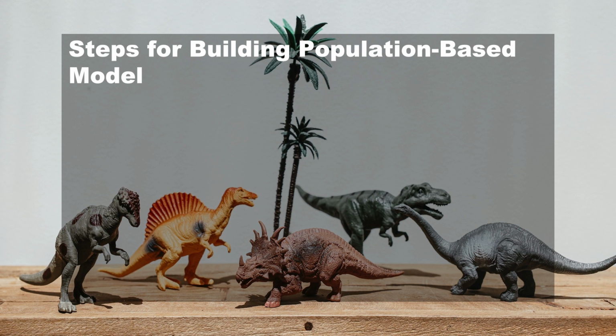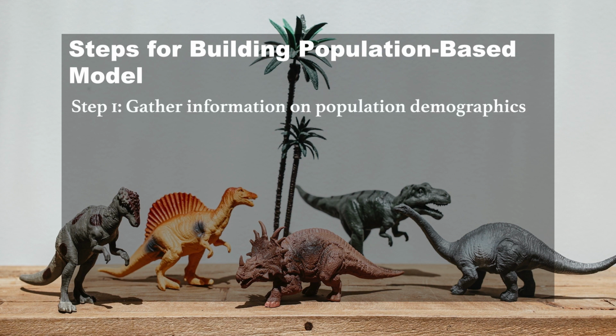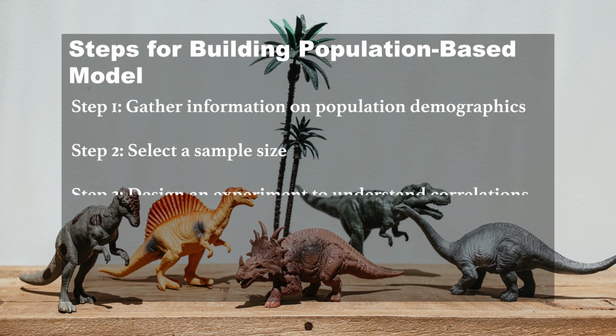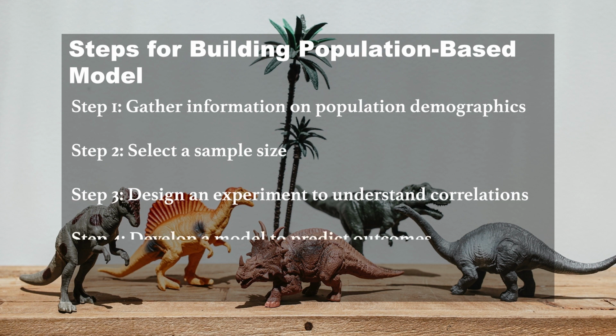The first step is to gather information on population demographics. Understanding the population you are targeting is the first step. It is important to know key characteristics of your population such as age, gender, race, income, location and so on.